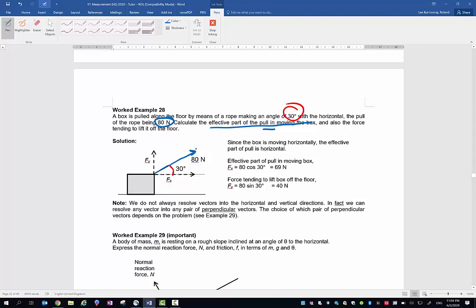Well, the horizontal component is simply 80 cos 30, which is 69. And the vertical component is 80 sine 30. So it is 40.